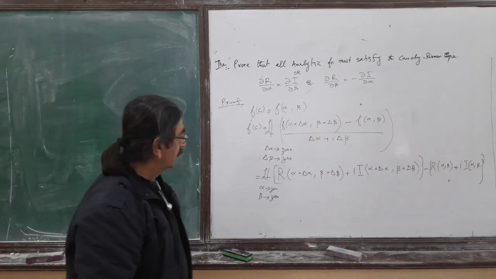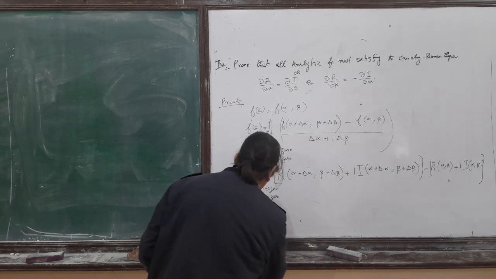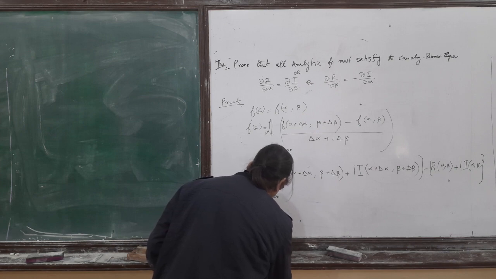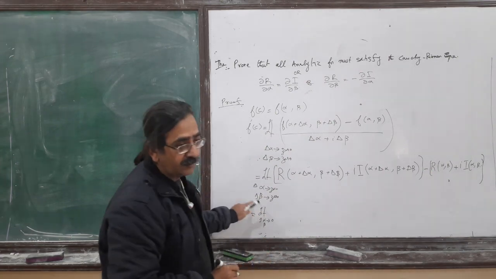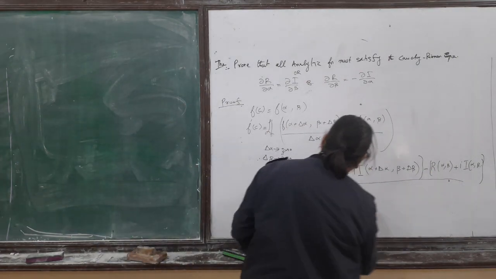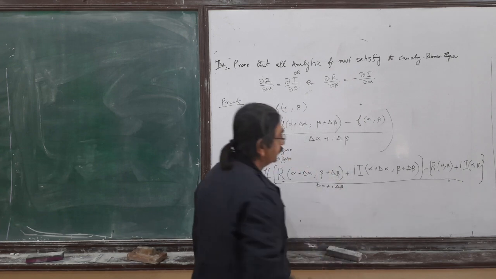Okay. And limit approaches 0. We may write alpha approach to 0, beta approach. Sorry, these are delta. Sorry, that's my mistake. Delta, divided by delta alpha plus iota delta beta.